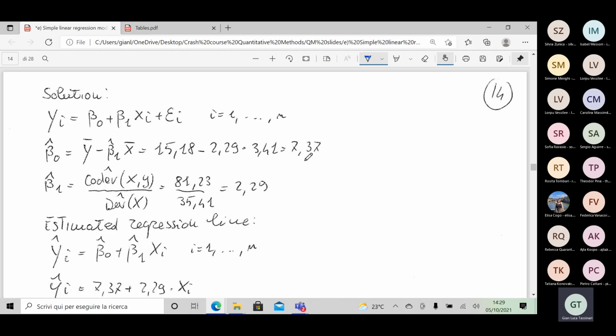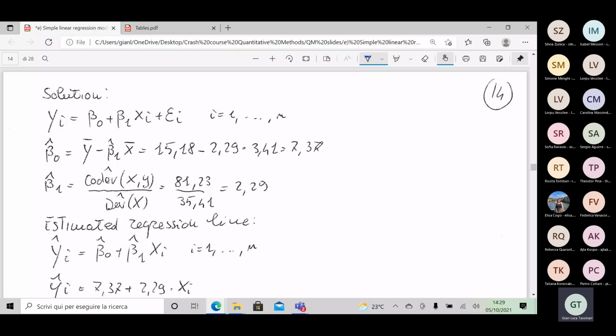Which is the meaning of beta 0 hat? Remember the interpretation, we studied a lot of interpretation already in the first lecture. Which is the interpretation of beta 0 hat? It is the estimate of the intercept. So it is the estimated value of the variable y when x is equal to 0. So in our specific case, we say that the volume of sales for a store having no advertising expenses is about 7.73.